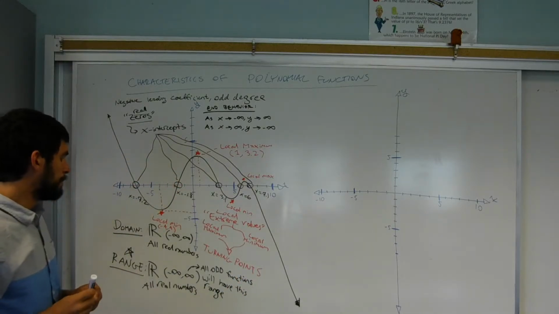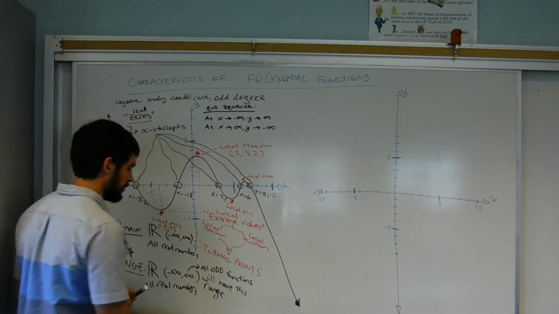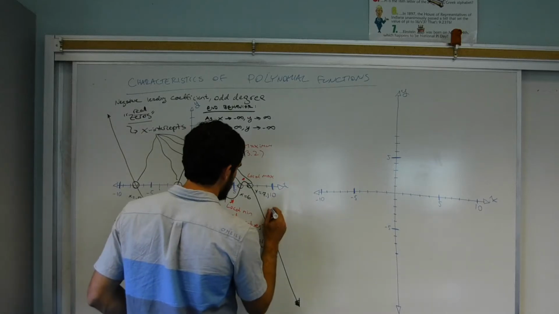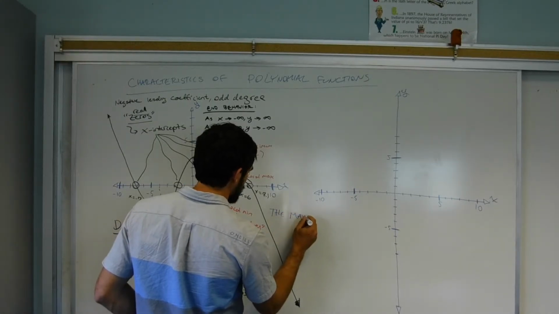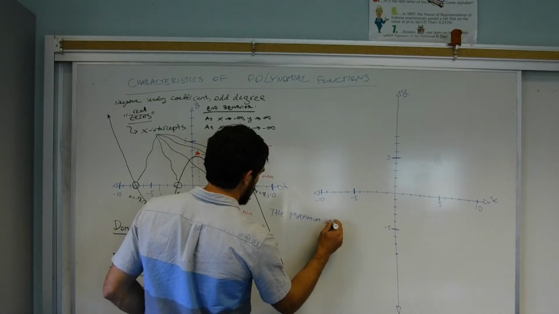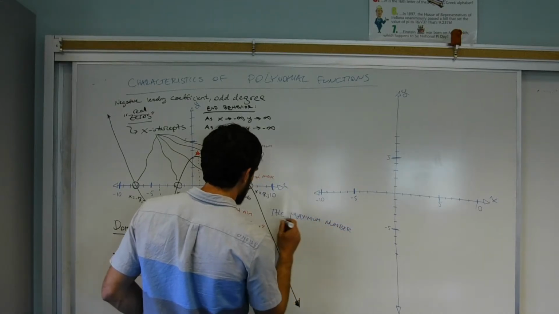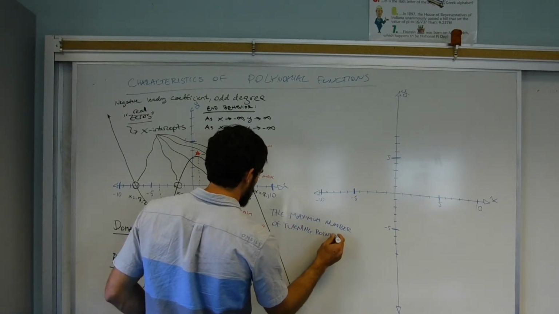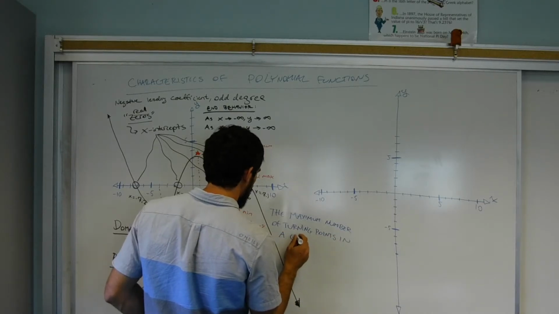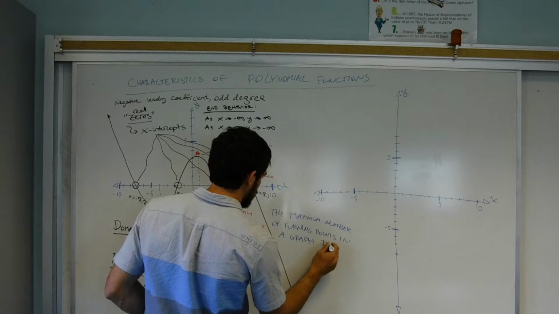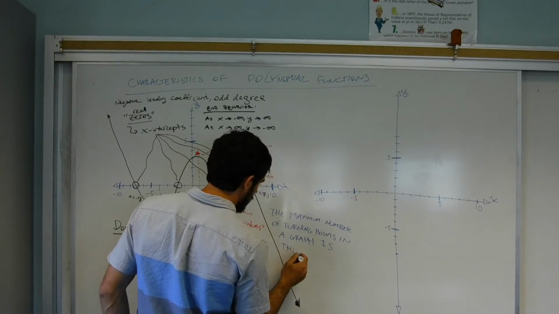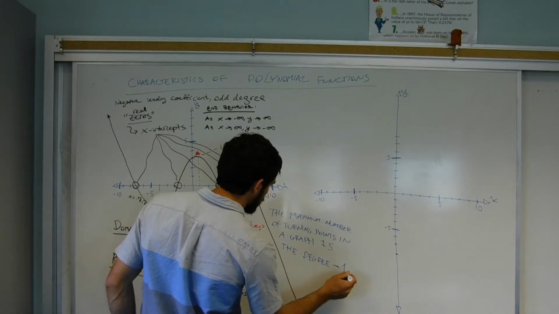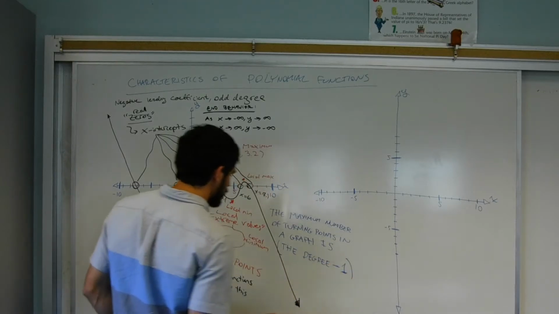There's one key thing we know about turning points, which is that the maximum number of turning points in a graph is the degree minus 1.